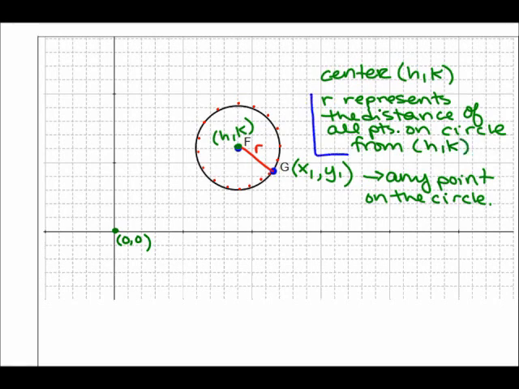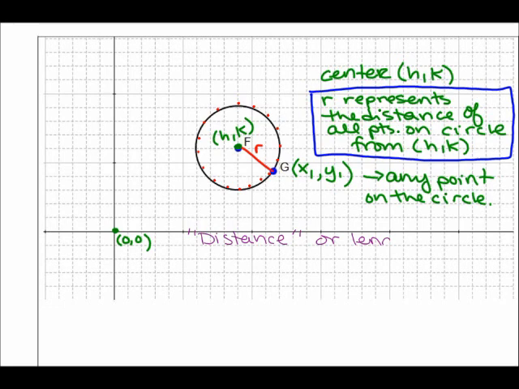Okay, so this is key because this is how we come up with our equation for the circle. Since we want to represent that as a distance, we can just use our distance formula. So the distance, or the length of the radius, we can just write that using the distance formula.